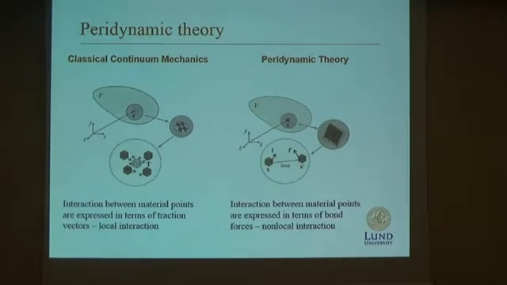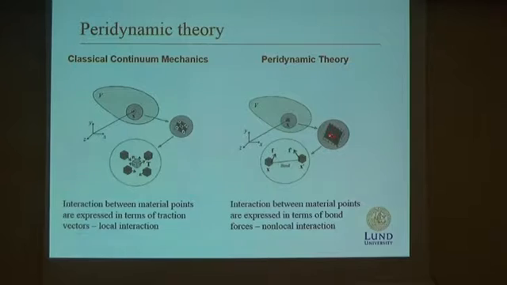This slide compares classical continuum mechanics to peridynamics. In classical continuum mechanics, we have a local action, so if we look at a material point, we represent the action in terms of traction vectors. In peridynamic theory, we represent that in the form of bond forces.